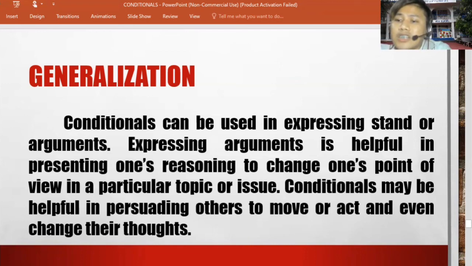So conditionals may be helpful in persuading others to move or act and even change their thoughts. That's why it's very powerful when you learn the conditionals.